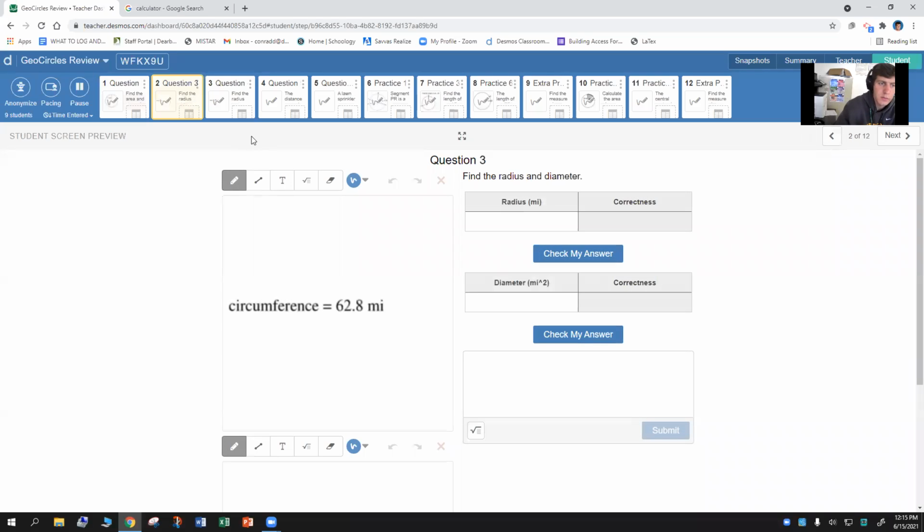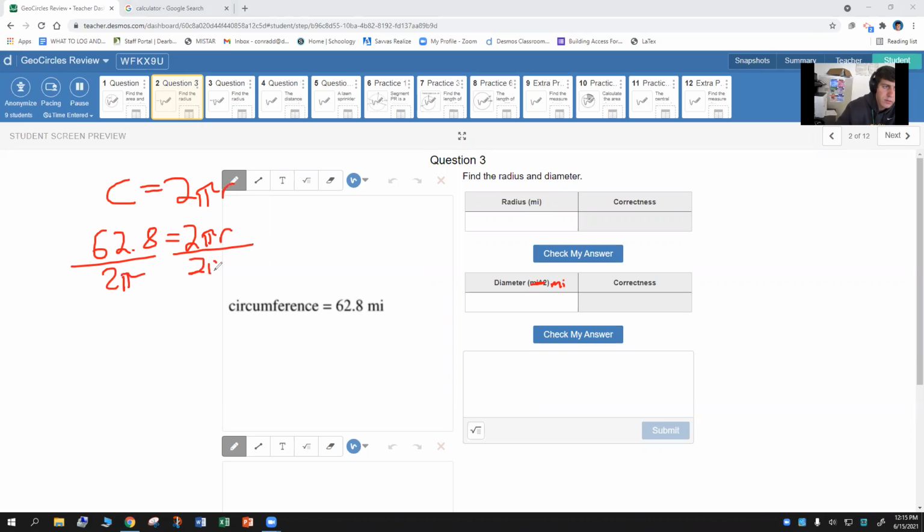Okay, find the radius and the diameter. Circumference is 62.8, so we're going to use the circumference formula, C equals 2 pi r. So we know the circumference is 62.8. We can divide both sides by 2 pi, and that's going to give us our radius.